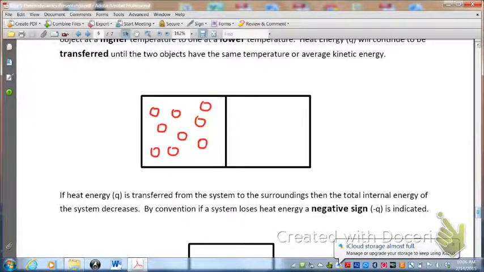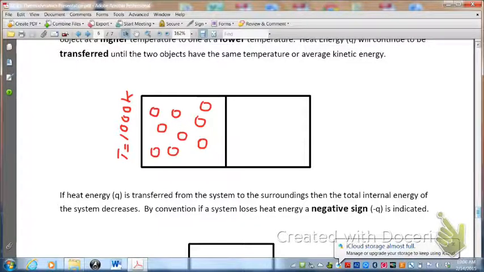We're going to say that the temperature of this system is 1000 Kelvin.